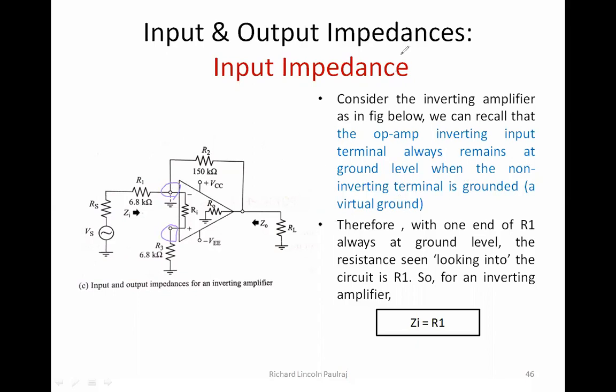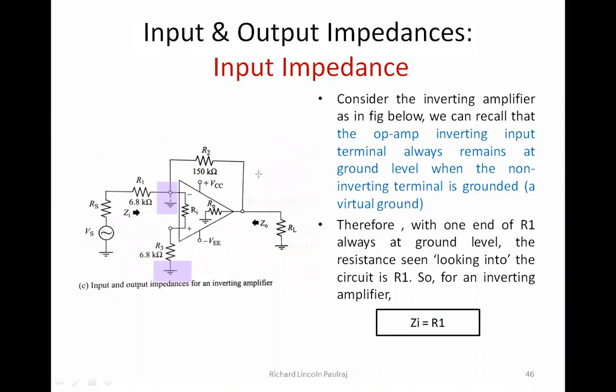So what are we trying to see here? When it's connected to a ground, ultimately it is getting drained through the resistor, so this terminal also becomes a ground. That is called the virtual ground concept.